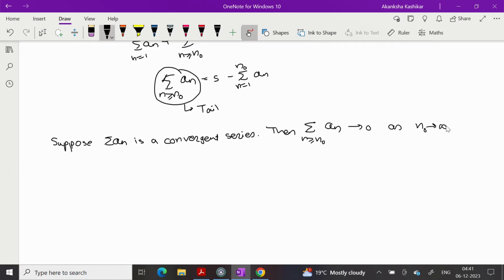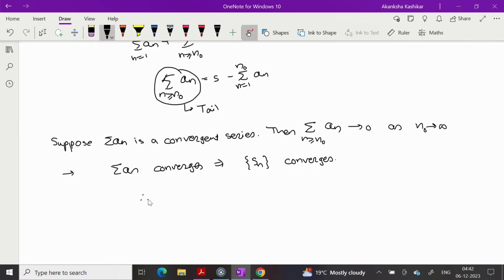So how do I prove this? We will again use the definition of convergence via convergence of partial sums. So summation an converges implies that the corresponding sequence of partial sums converges.